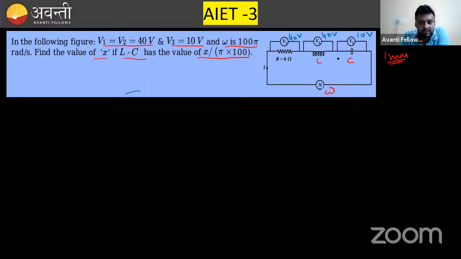That means the current will be the same throughout, and the current is I. So if I say current in the 4 ohm resistor.